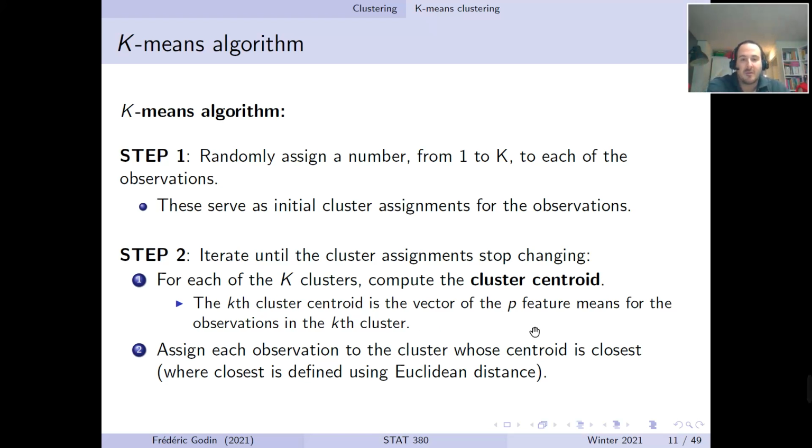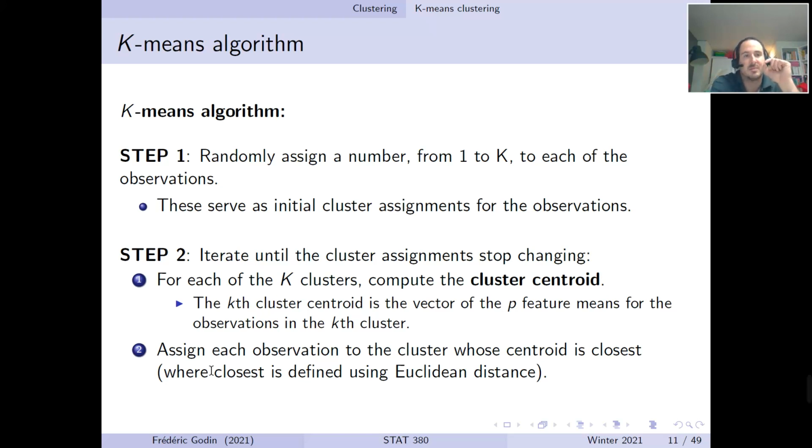So once you have the capital K centroids, one for each cluster, the second substep involves reassigning each of the data points to the various clusters. And how you do that is by looking at the distance. For one given data point, how do you assign it to a cluster?